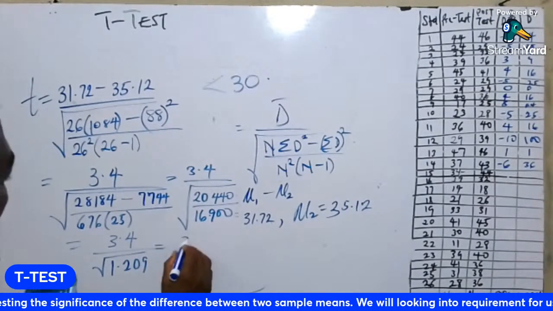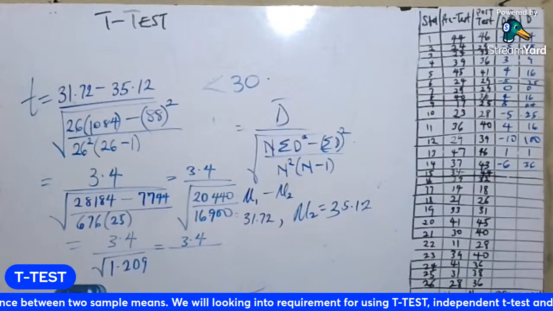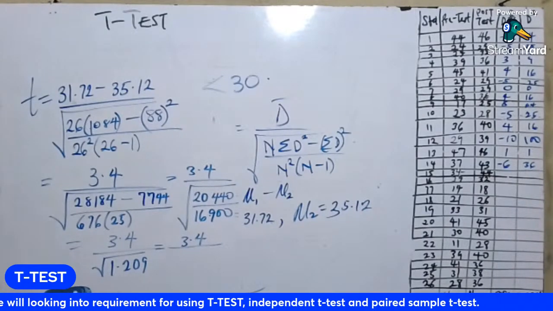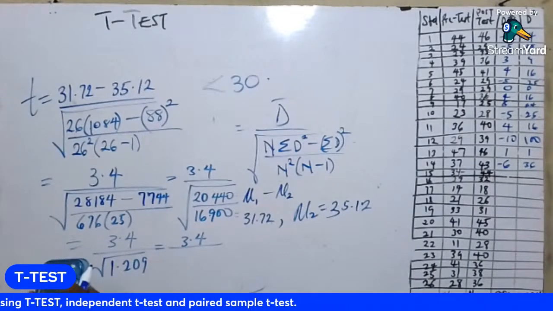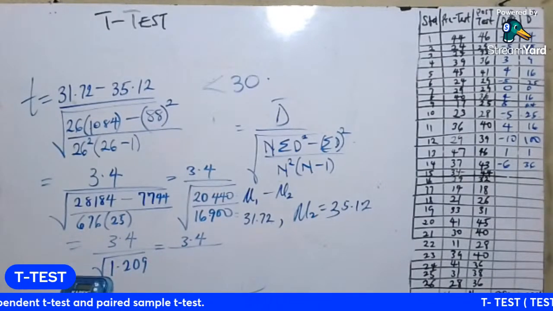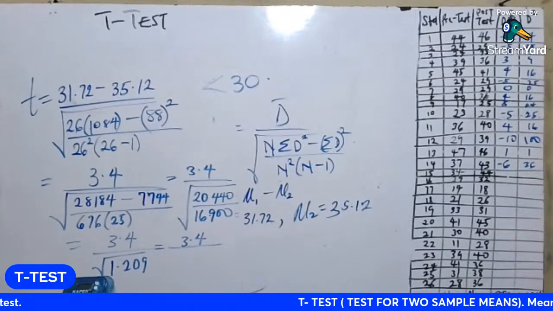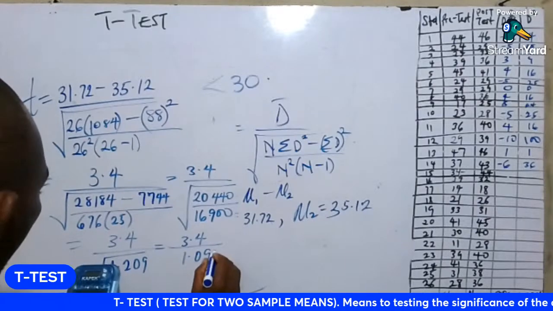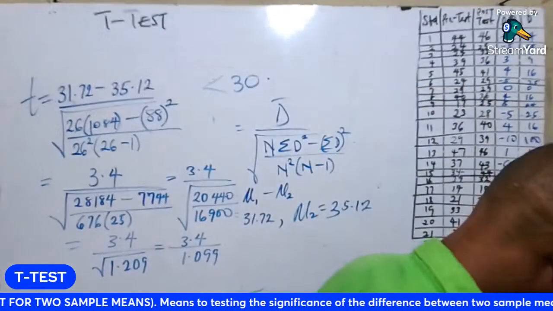And that will give me a square root of 1.209. So if I find the square root of 1.209, that will give me 1.099. Is that correct? That will give me 1.099.